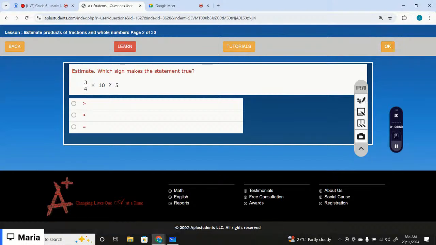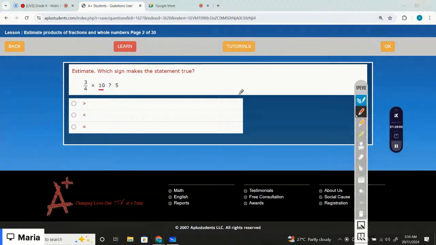So you have to estimate, right? 3 by 4 times 10. 3 times 10 is 30 over 4. You have 9, approximately.